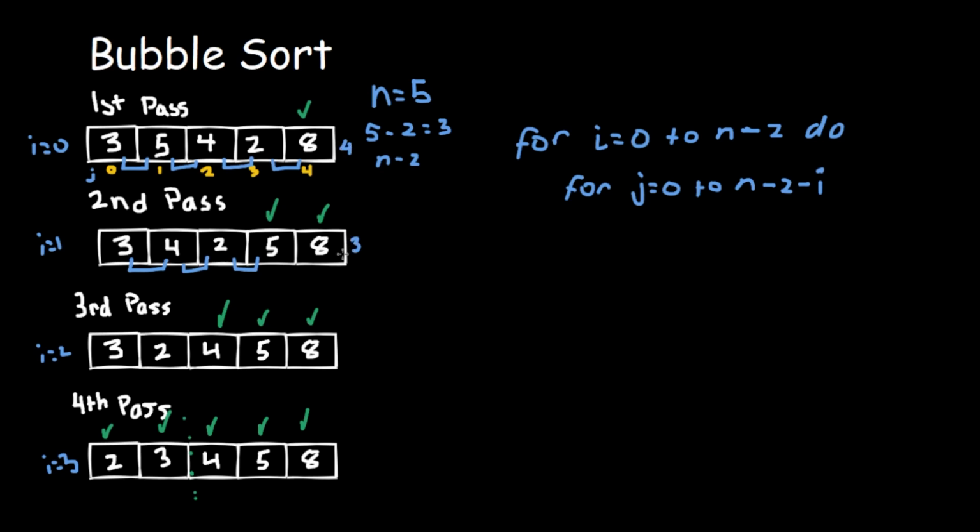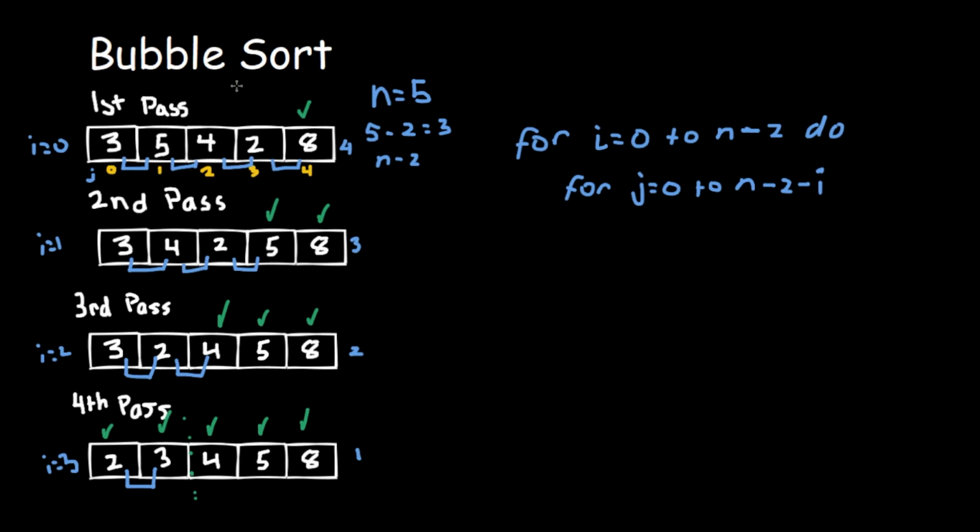So for this one we had 4, for this one we had 3, 2, 1. Here we had 2, and here we only compared 1. Now since we're starting from 0, this would be minus 2. So it would be the 0th comparison, first comparison.